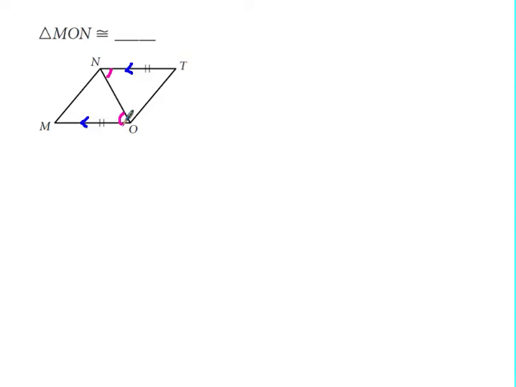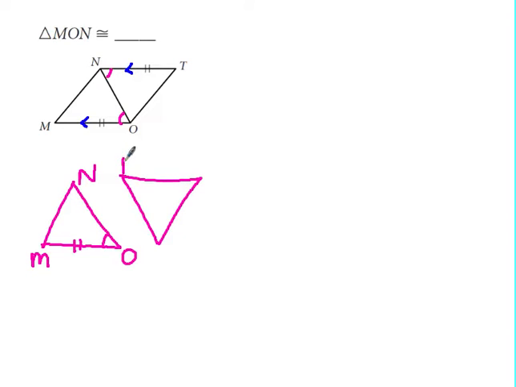Do I know anything else? Here you have M, O, N. So right now I have two marks, one mark. So I have N, T, O. So I have this and this. Do I know anything else? NO is the same as itself, right? That's that same segment. It's the same as itself.